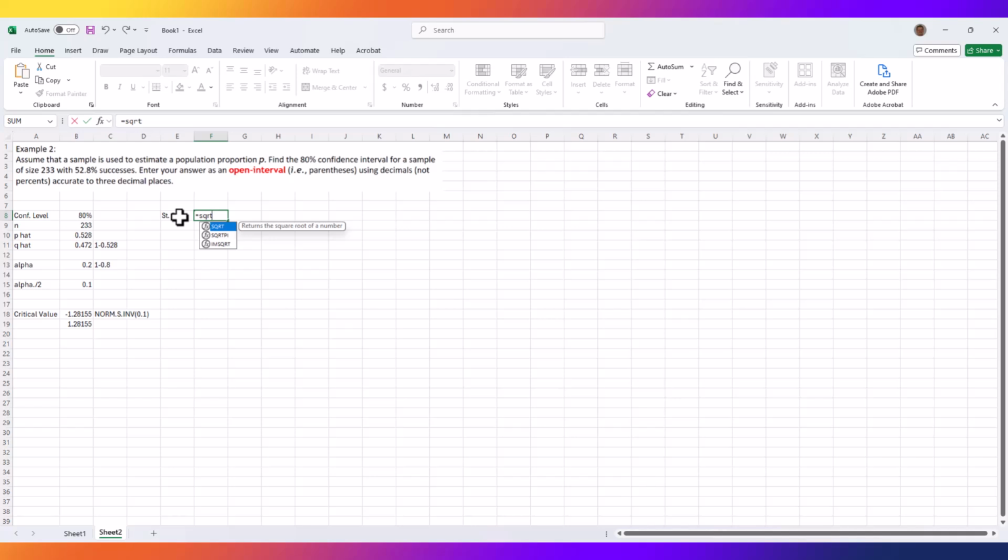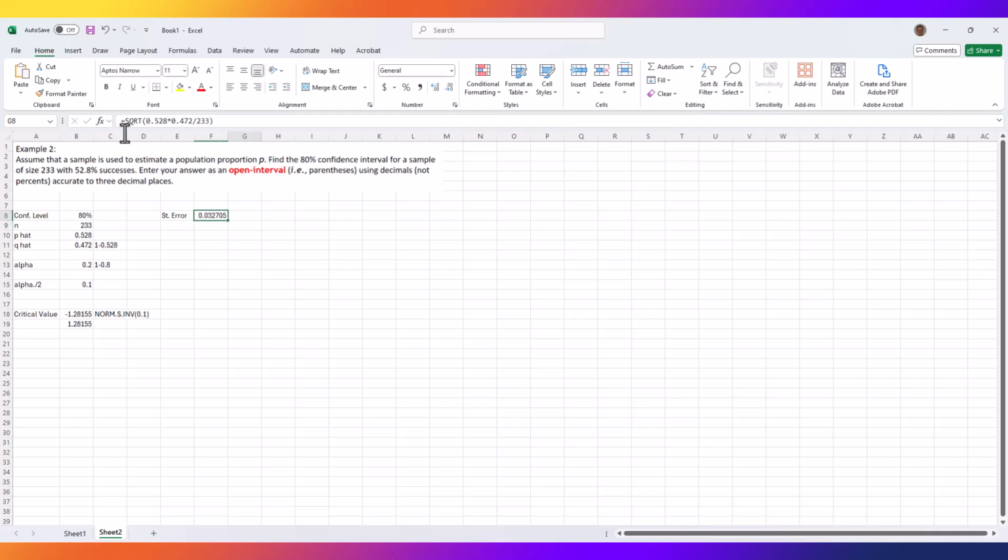So we'll have the square root for our standard error. That's the next thing. Remember, it's P hat 0.528 times Q hat 0.472 divided by N, which is 233. And again, you can click on those if you want.